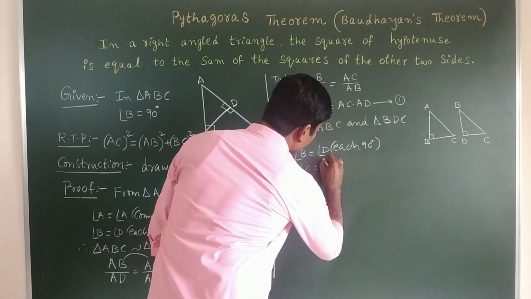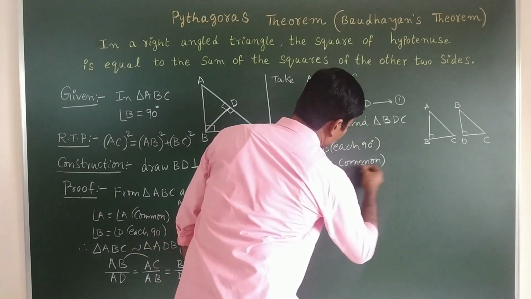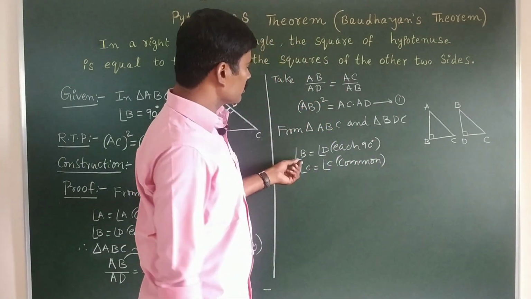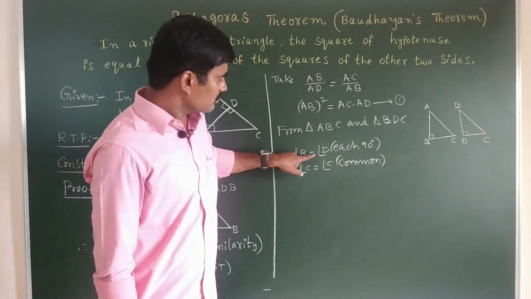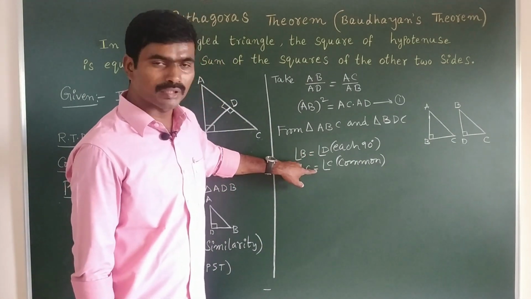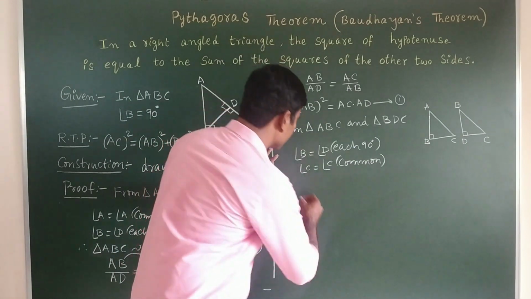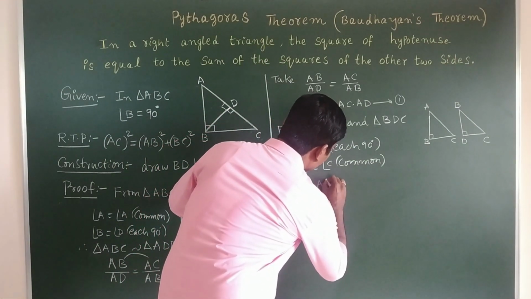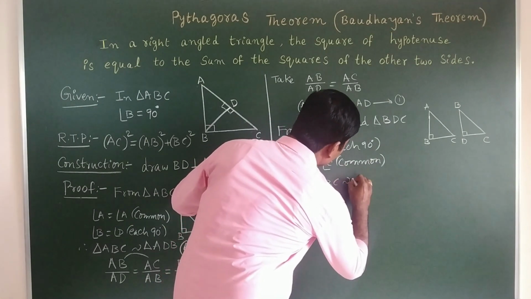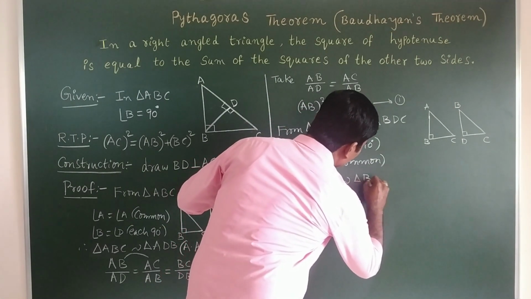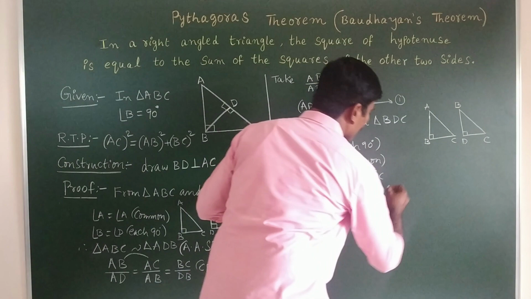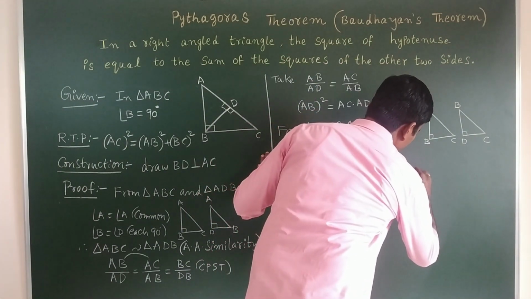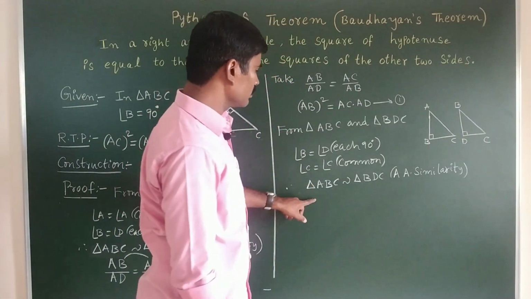Angle C is equal to angle C. Therefore, by angle similarity, these two triangles are similar. Therefore, triangle ABC is similar to triangle BDC. The reason is AA similarity.